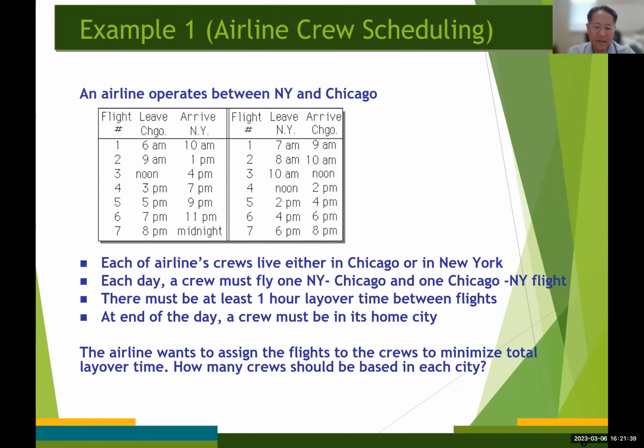The summary of the information that your boss provided is that the airline operates 7 different flights daily between New York City and Chicago, okay? And the crews are based in either city and fly to and from the other city each day.